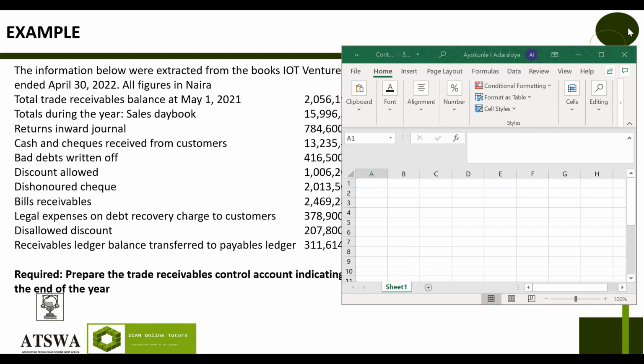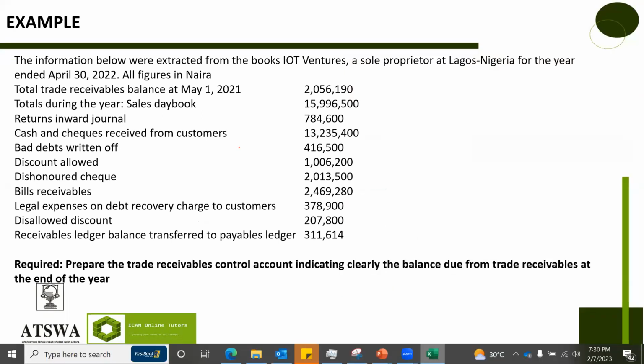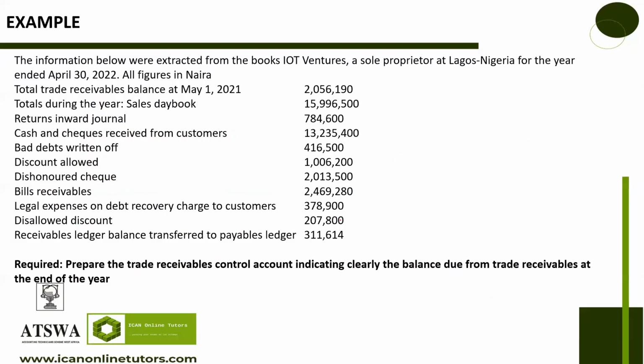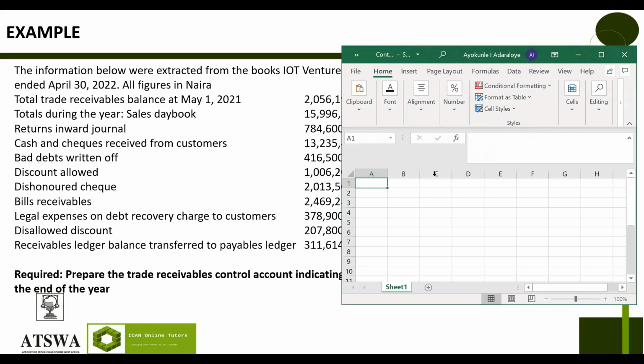So let's take this one by one. We'll use the information that we had earlier. You remember this table? This is the same format that we are going to use. So first of all, let's pick the information one by one.